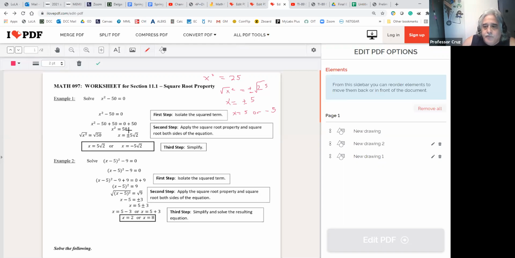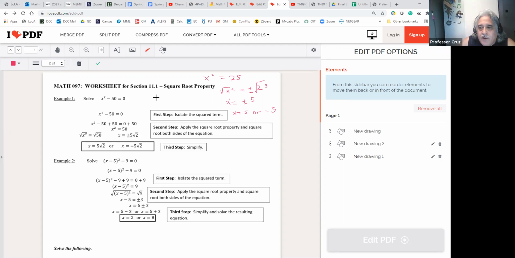All right, x squared minus 50. We bring the 50 over, and we get x squared is equal to 50. Take the square root of both sides: the square root of x squared is x. On the other side, we have to put plus or minus, because when you square something, both the positive and the negative end up positive.